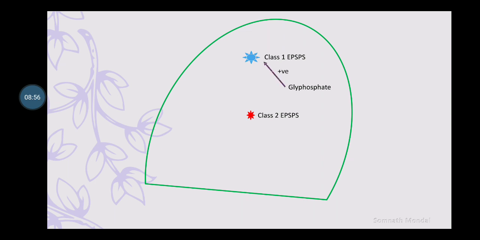Now glyphosate will inhibit the activity of class 1 EPSPS, but it will not inhibit the class 2 EPSPS. Thus, even when class 1 EPSPS is unable to form chorismate, this block will be bypassed in the presence of class 2 EPSPS and chorismate will be successfully biosynthesized.